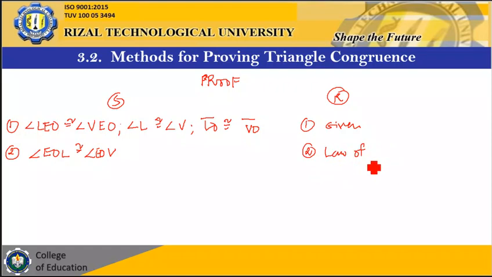Therefore, it follows that the third angle must also be congruent to the third angle of the other triangle. That is the law of detachment.